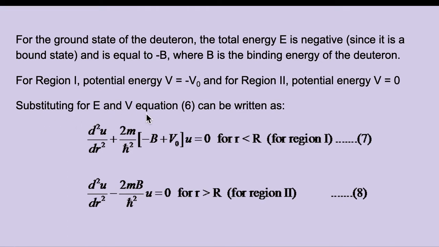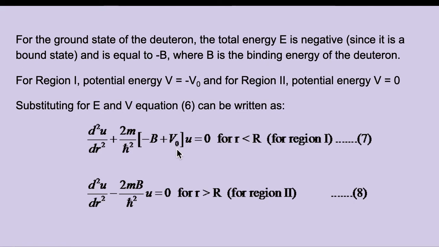Substituting for E and V, equation 6 can now be rewritten as, now we are not writing U of r, we are just writing U, which means that it is a function of r. d square U by dr square plus 2m by h cross square, in place of E we have substituted minus B, and for the first region r less than capital R, the value of V is minus V0, and our equation was E minus V. So in place of E it is minus B, and here you have minus V, and V is minus V0, so you have two minus signs, so it will be plus.